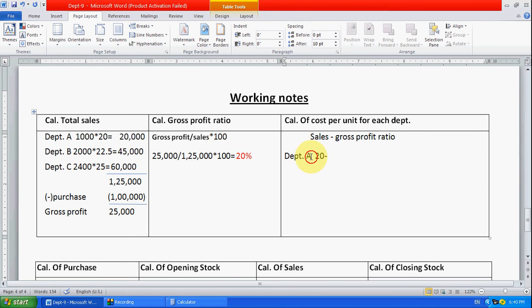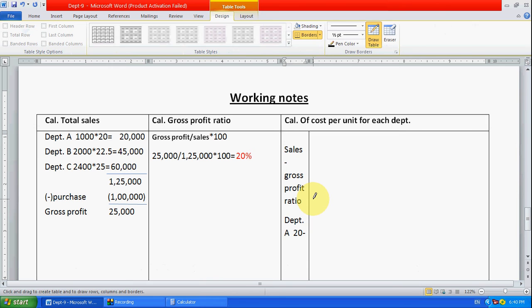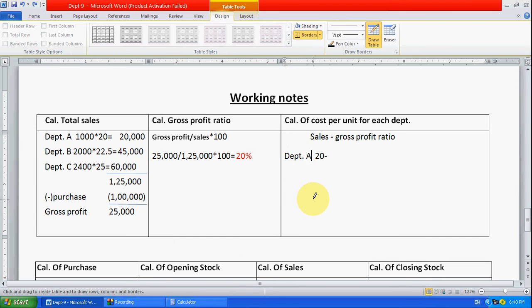So what we have to do is sales minus gross profit ratio.